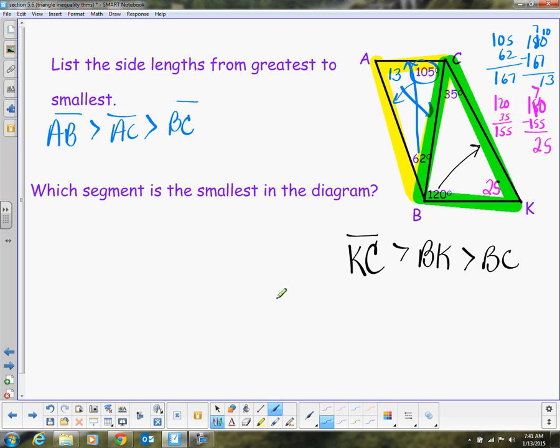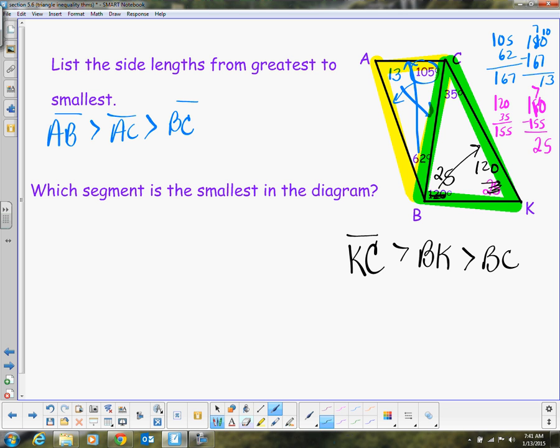If I'd done a nice problem, listing the side lengths from greatest to smallest, BC should have been the biggest one here. What if I had switched, let's switch this. Let's make this 120, and let's make this 25.